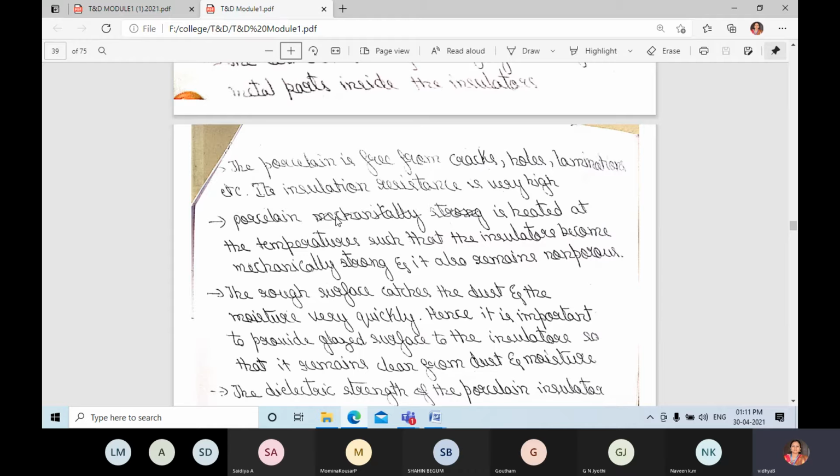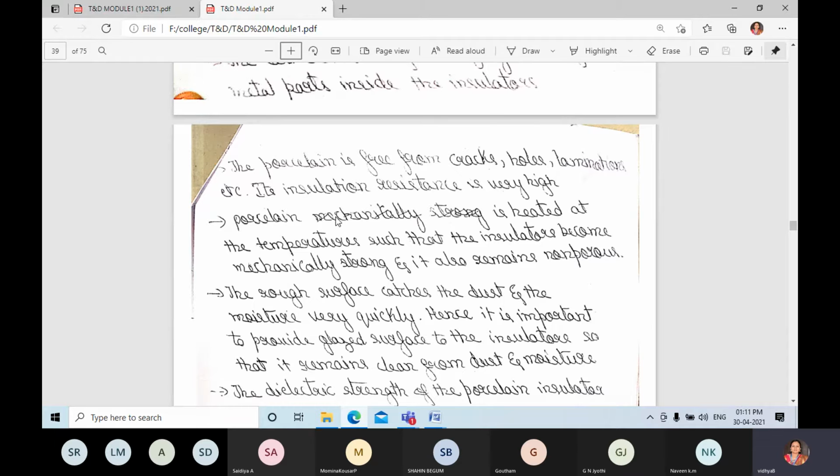Here the insulation resistance is very high. Porcelain is heated at a temperature such that the insulator becomes mechanically strong, and it also remains non-porous.